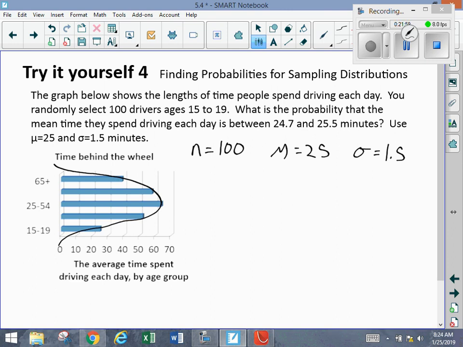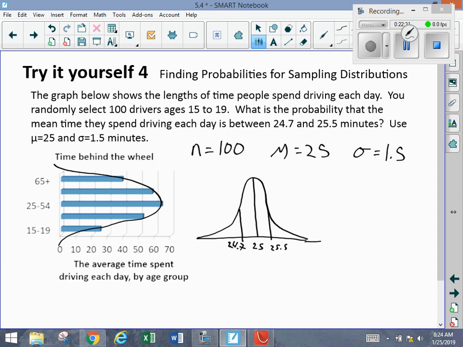With that in mind, this is 25, what we're looking for is 25.5 and 24.7, something.